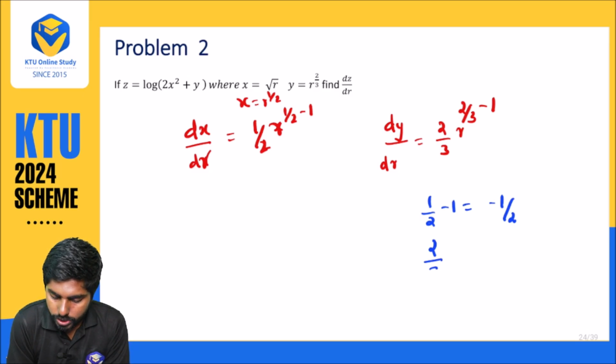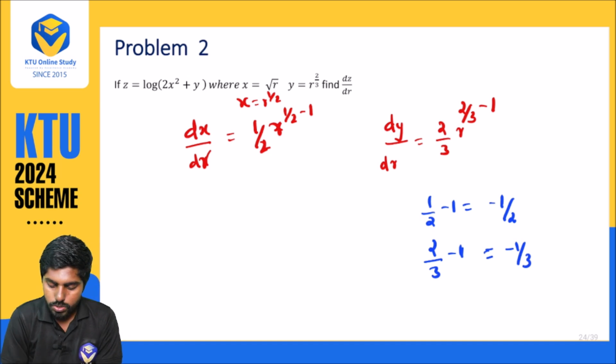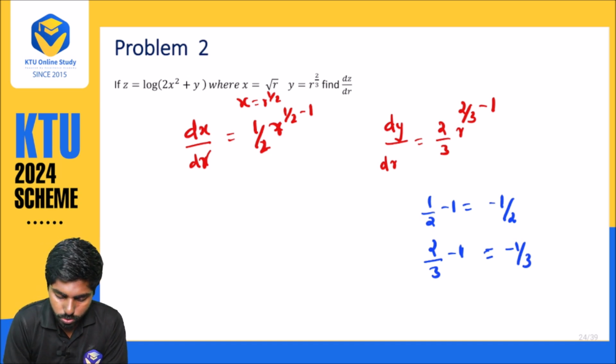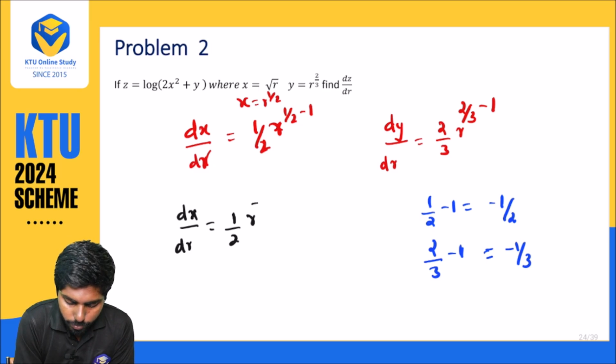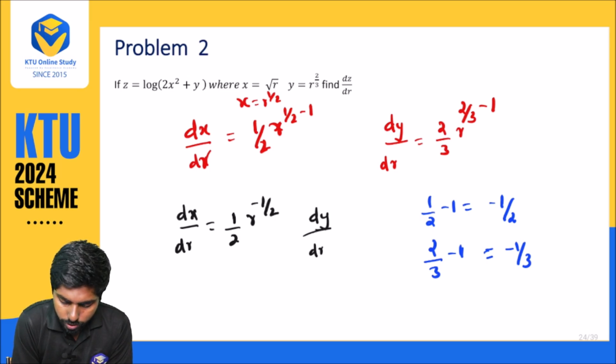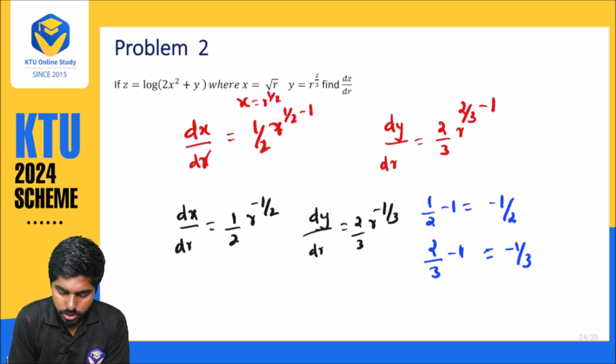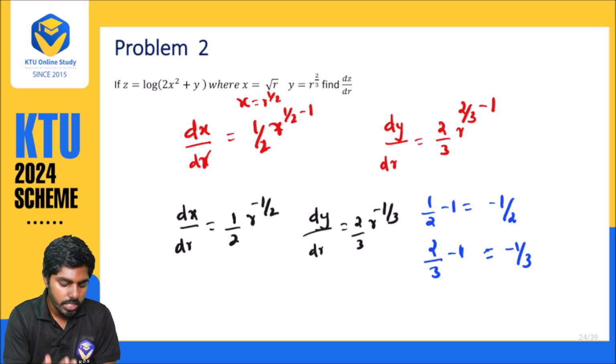Similarly 2 by 3 minus 1 is minus 1 by 3. Just substitute: dx by dr is equal to 1 by 2 r power minus 1 by 2. Similarly dy by dr is equal to 2 by 3 into r power minus 1 by 3. This is what we get to substitute in the formula.